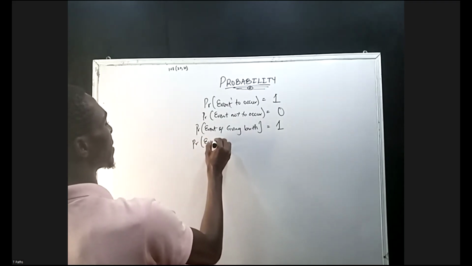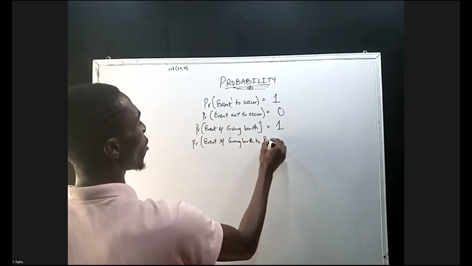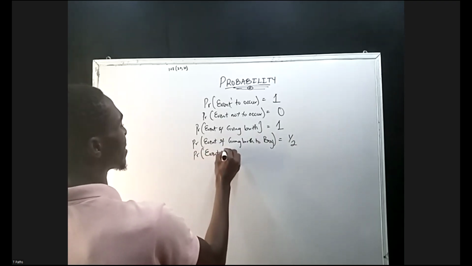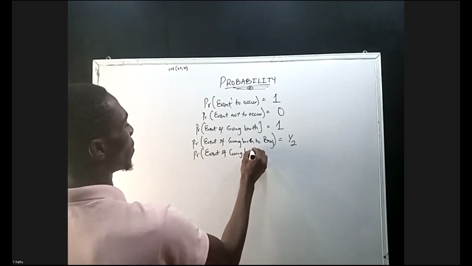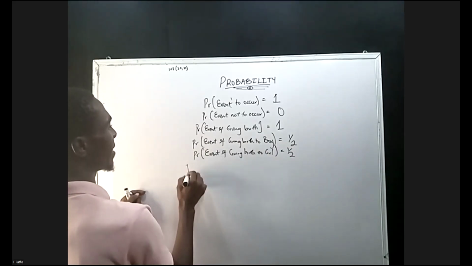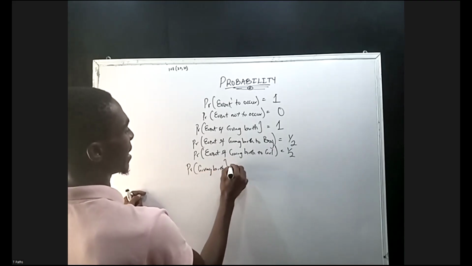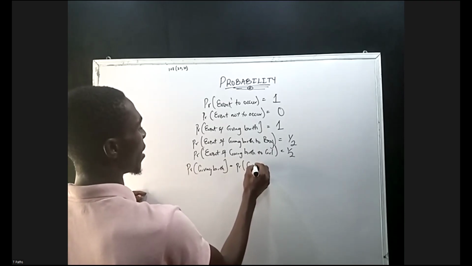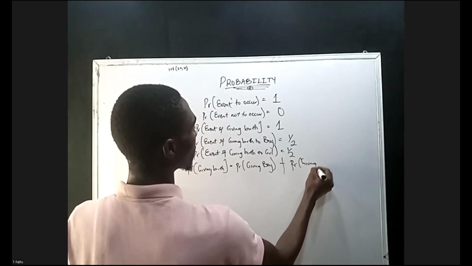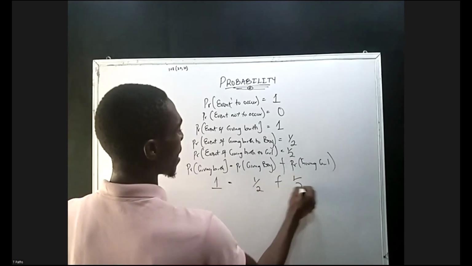The probability of the event of giving birth to a boy is half. The probability of the event of giving birth to a girl is also half. So the combined probability of giving birth equals the probability of giving birth to a boy plus the probability of giving birth to a girl. So I can say 1 equals half plus half.